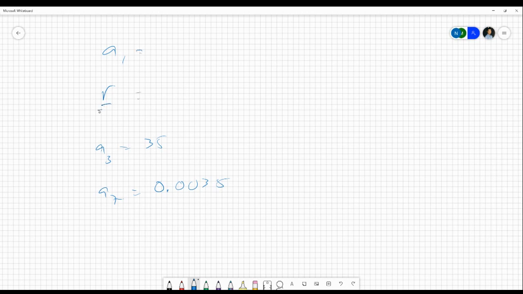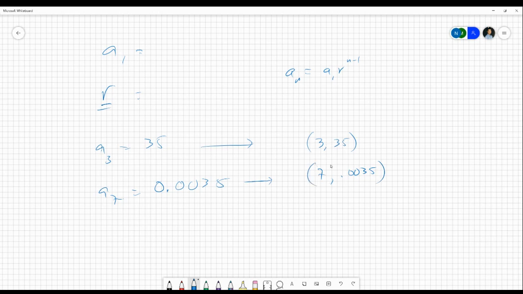Okay. Since this is a geometric sequence with ratio R, we know that an equals a1 times r to the n minus 1. That's the general form of a geometric sequence, right? So basically what they give us here is a point. This is 3 and 35, and this is 7 and 0.0035.